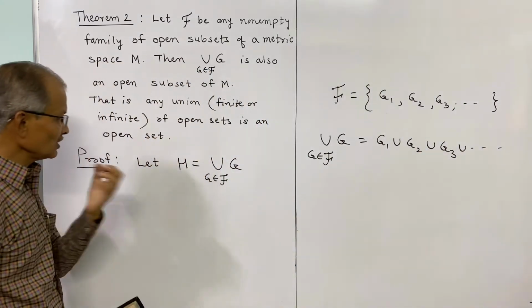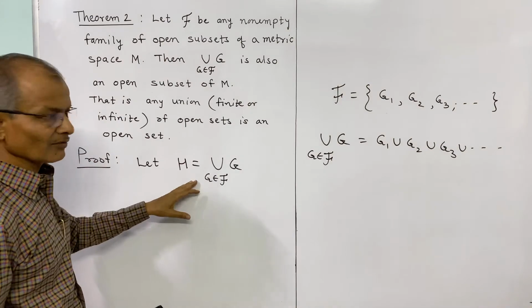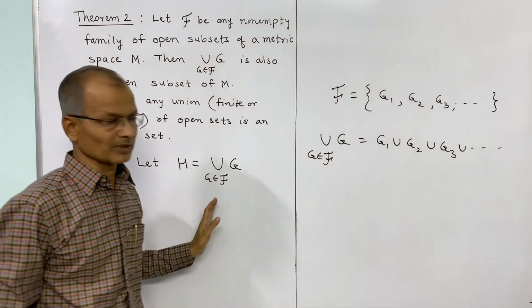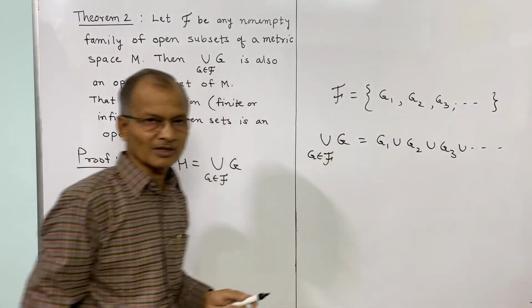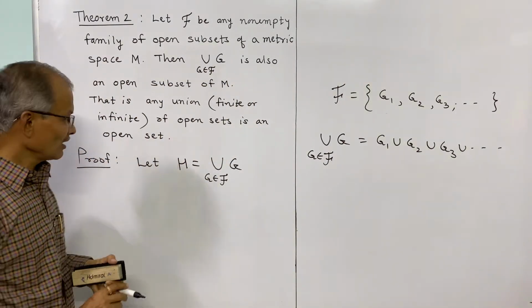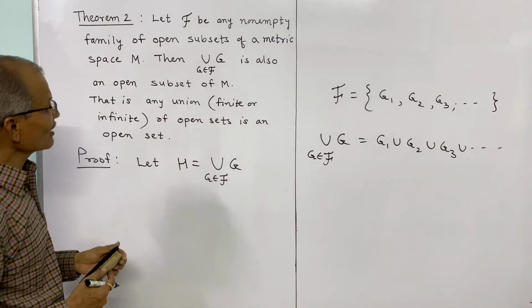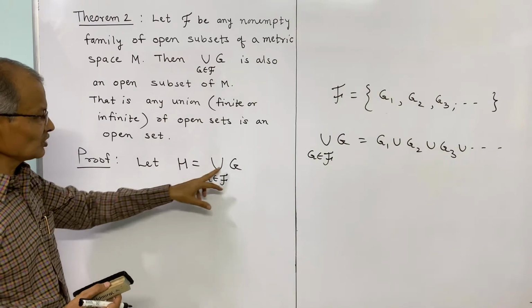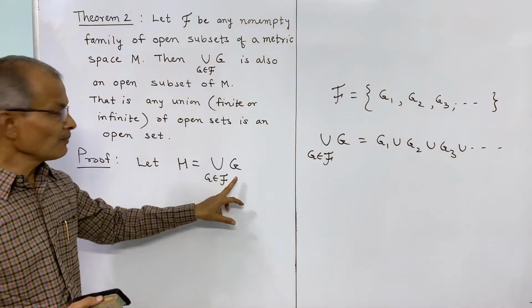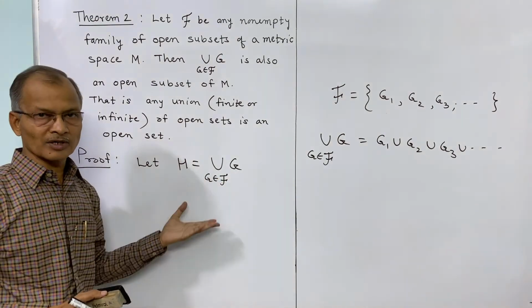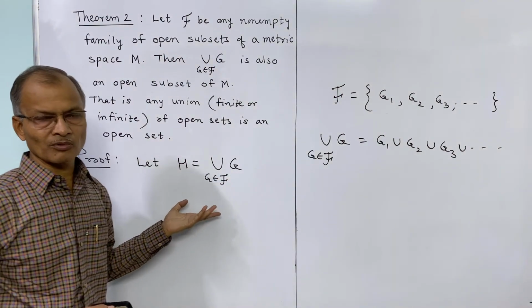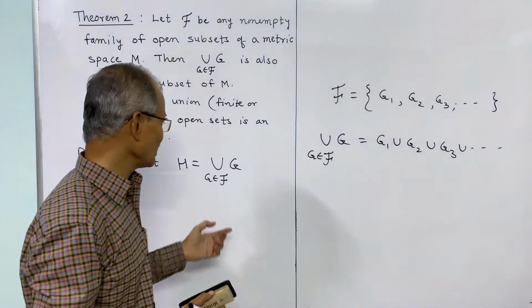To prove this is an open set, we have to use the definition of open set. The definitions are important, and every time we have to use the definition to prove the results. Now one thing here is whether H is non-empty. If every G is empty, then H will be empty, and then it is also open, because we proved in the first theorem that the empty set is an open set.